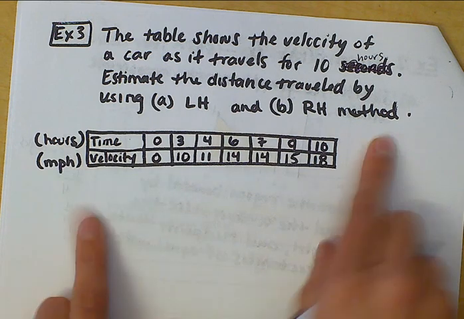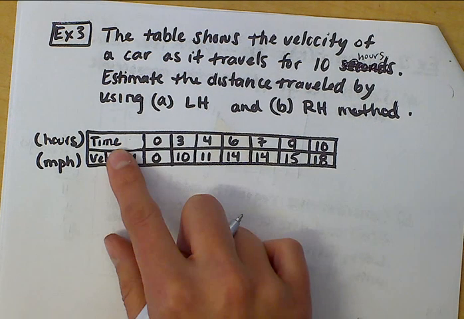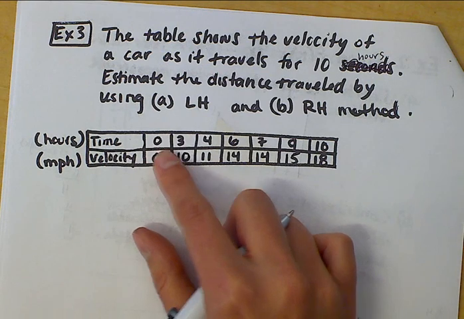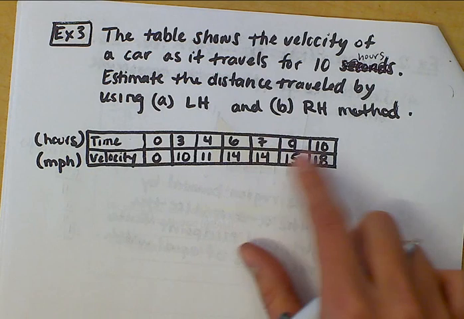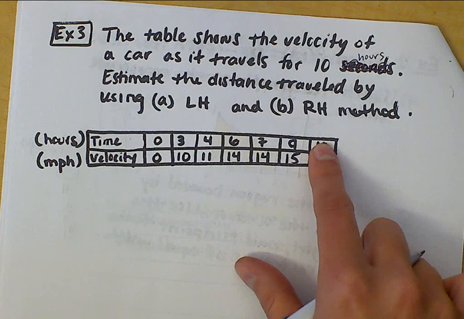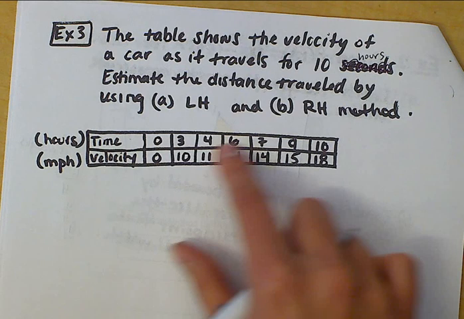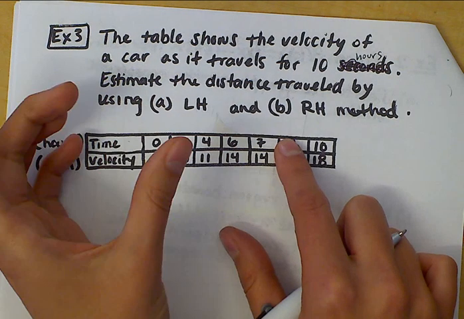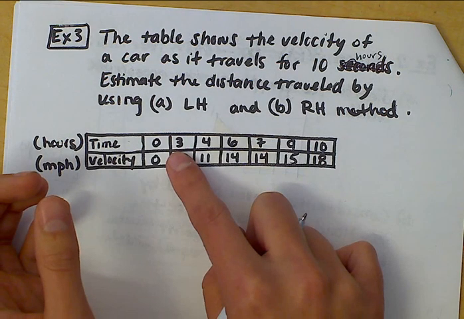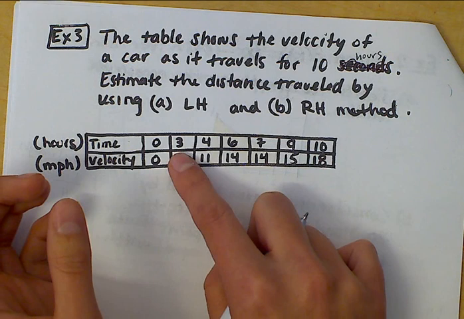So in my table, I see that it gives me random times. Like 0, 3, 4, 6, 7, 9, 10. My x values are jumping all over the place. And remember that the x values represent the width of your rectangles. So the implication of this is that the change in x is different for each of these.